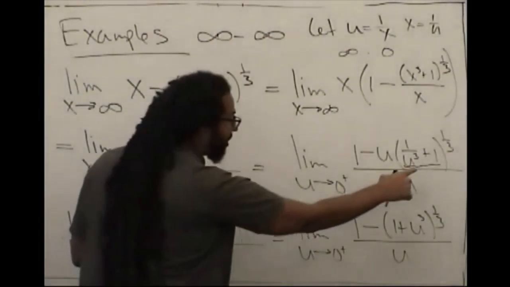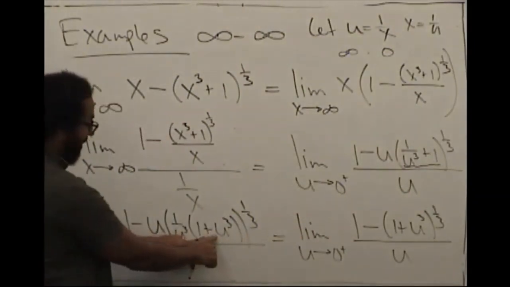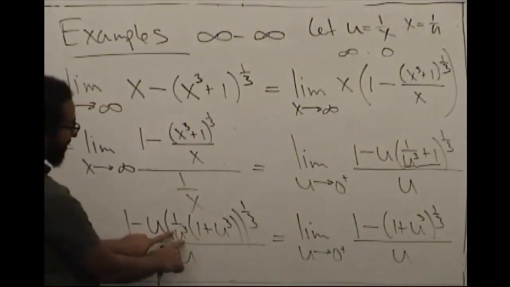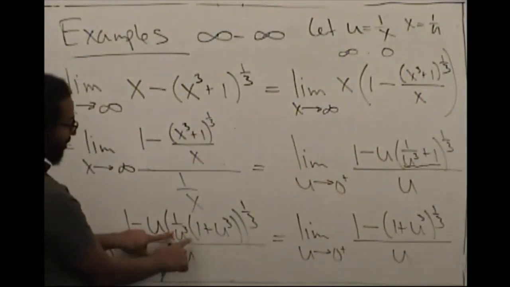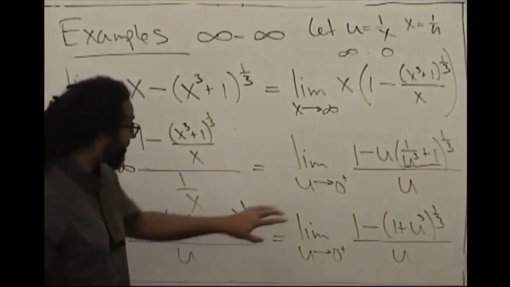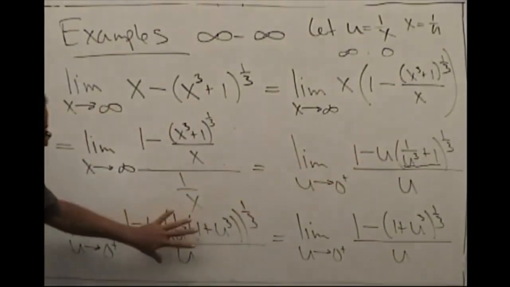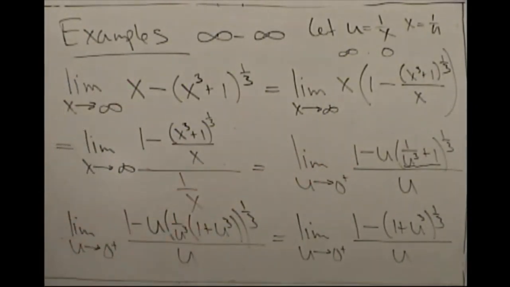And when I factor a 1 over u cubed away from 1, I'm left with u cubed. You can see if I multiply 1 over u cubed by 1, I get 1 over u cubed. And if I multiply 1 over u cubed times u cubed, I just get a 1. So make sure you're good on how I got from here to here. Make sure you believe that these two things say the same thing.